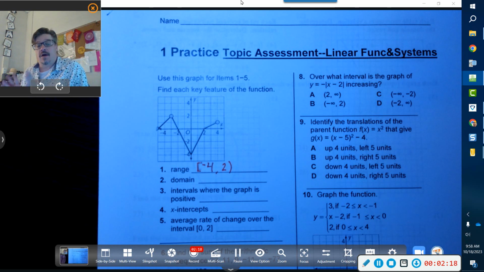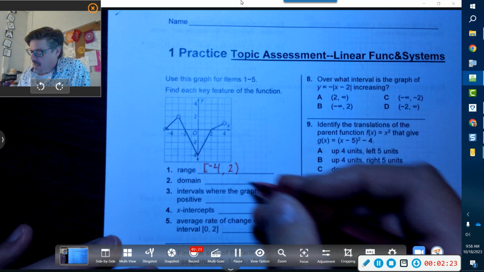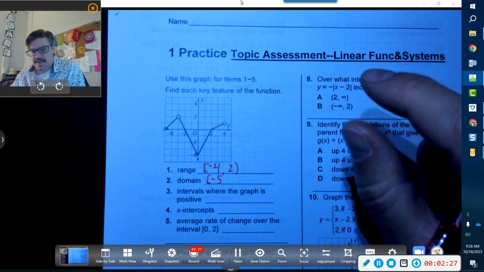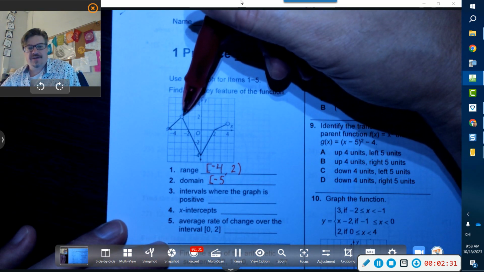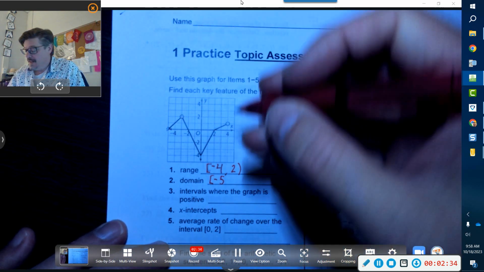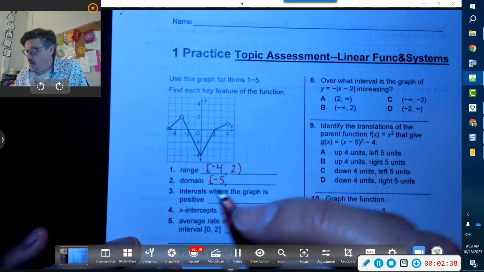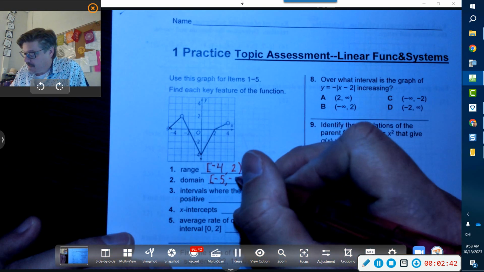For the domain, our orientation has to switch from left to right. I look over here to the left, and I see that I am including 5, but as I move across, I am not allowed to have a -3 value. You'll see that there's a hole there. Unfortunately, and this throws a lot of people off, that hole represents you can't have it in your domain. So we're going to go up to -3.